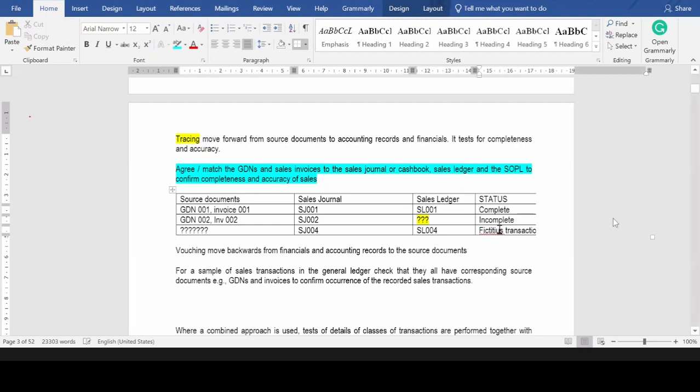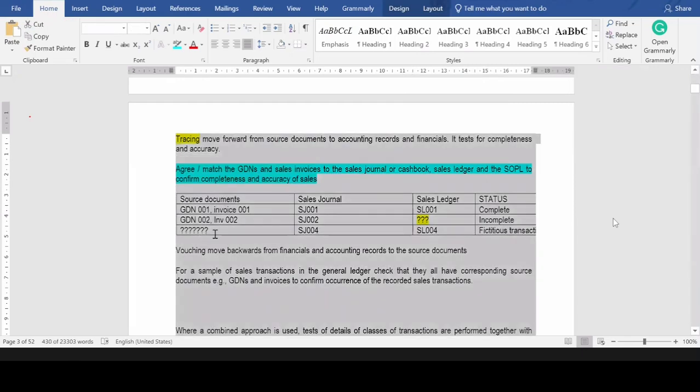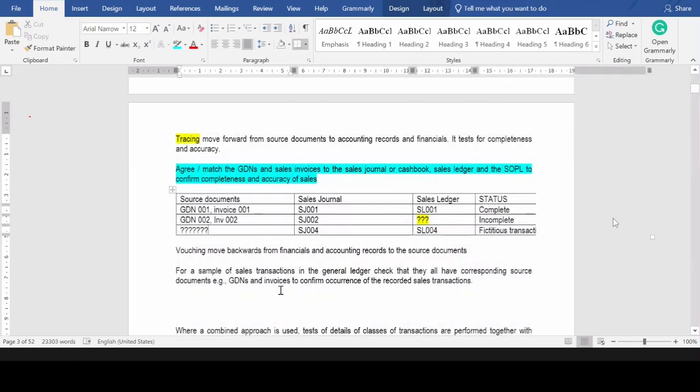Because they recorded it in the ledger and in the journal, but when you come to the source documents, which is the starting point, there's nothing. There are no source documents. So that means the transaction never happened. They just posted in the journal and the ledger something that never happened. So meaning sales are likely to be overstated. Where did they get that post in the sales journal?